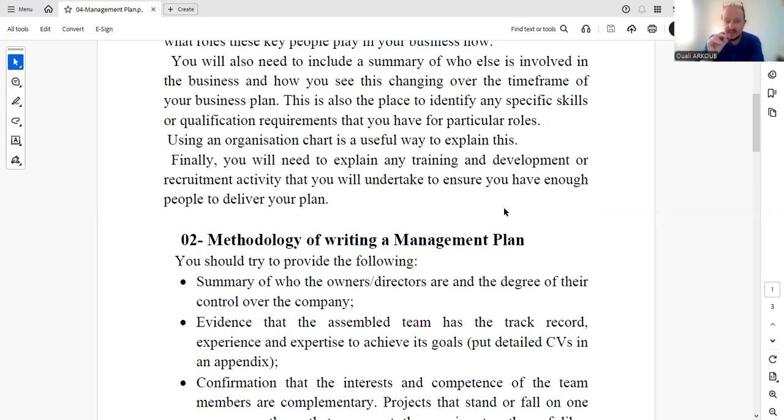Evidence that the assembled team has the track record, experience and expertise to achieve its goals or objectives. Put detailed CV for each member of your team in an appendix. Okay, in the appendix, you must put the detailed CV or CVs of each member of your project team or of your management team.